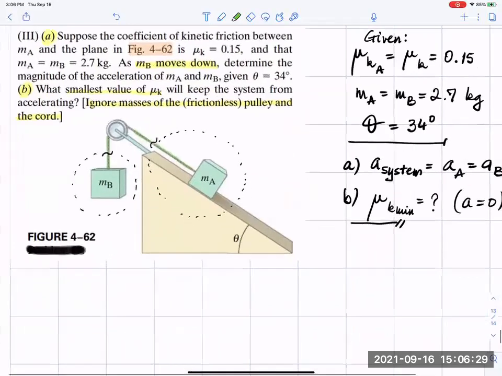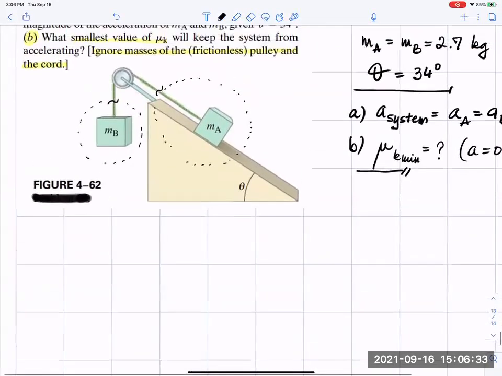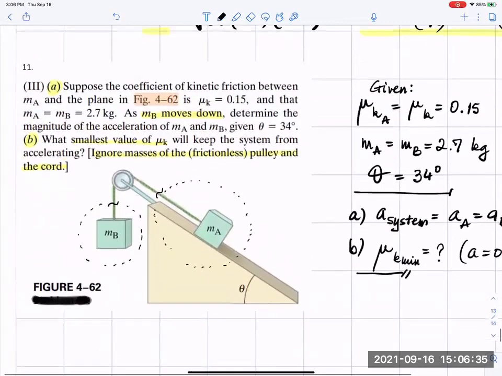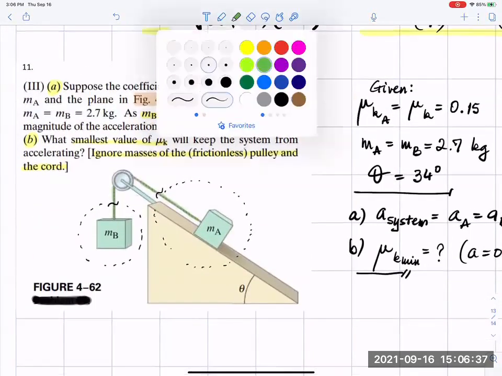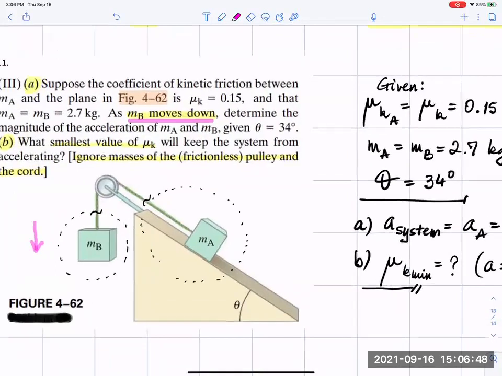So let's focus on how to draw the free body diagrams. As we learned before, the first thing, it tells you right here, MB moves down. I'm going to highlight it here with a different color so we pay attention to that. If that's the case, this is the direction of movement, isn't it? It means that MA will move up. So what are these here?